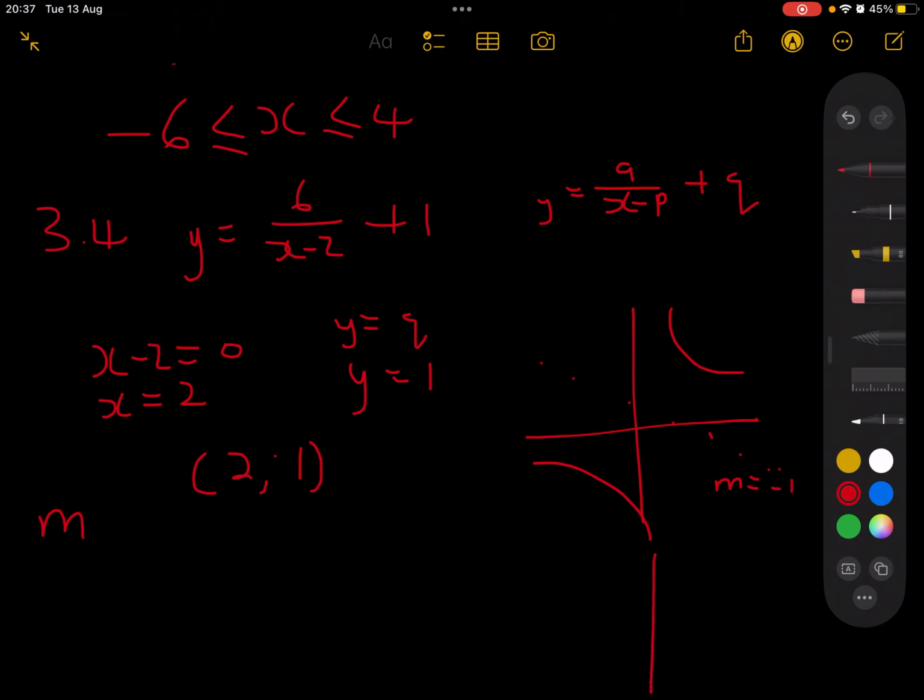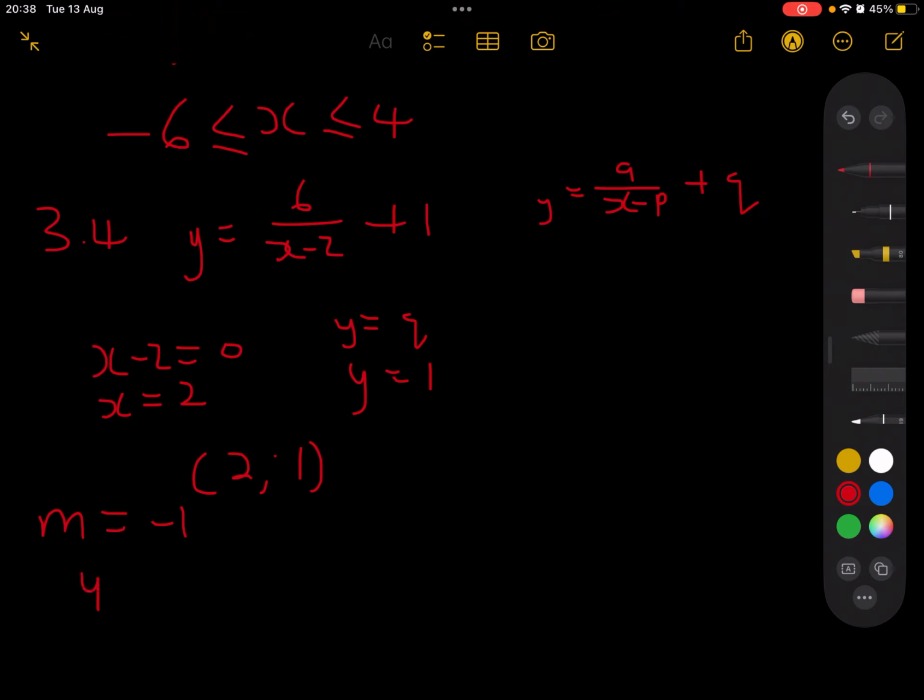But if you have a hyperbola like this, it will have a gradient that is equal to positive 1. I hope it makes sense to those that do not understand. I'll do more videos explaining hyperbolas. Right. Now, the gradient is equal to negative 1.